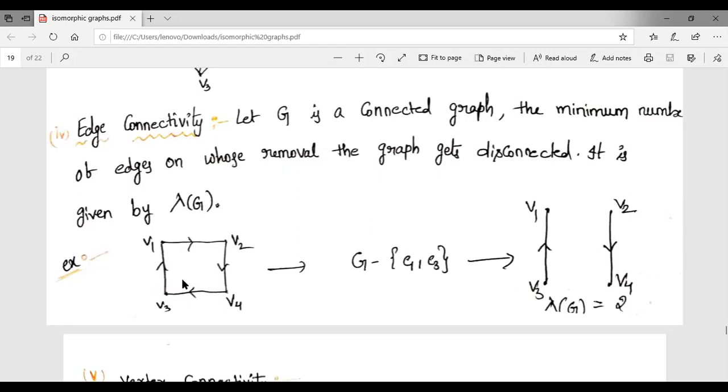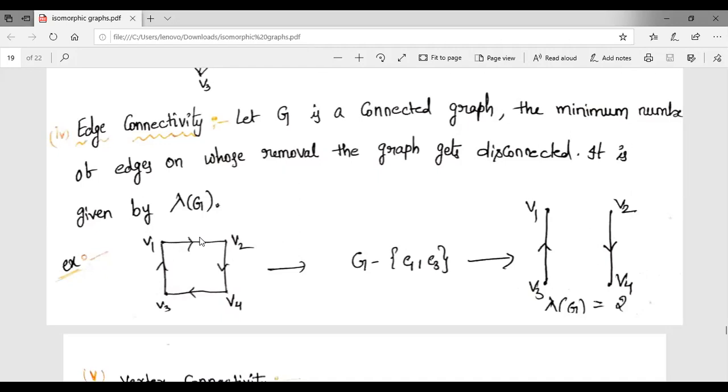So this is the given graph with vertices V1, V2, V3, V4, and edges E1, E2, E3, E4. Here we remove E1 and E3 from the given graph, and the graph becomes disconnected. If we remove one edge, it is not a disconnected graph.